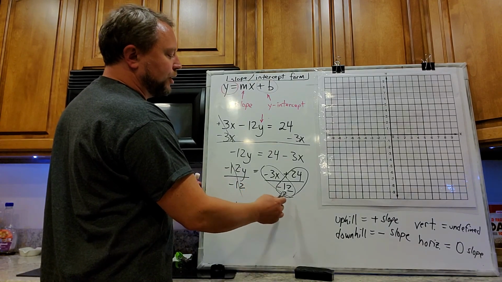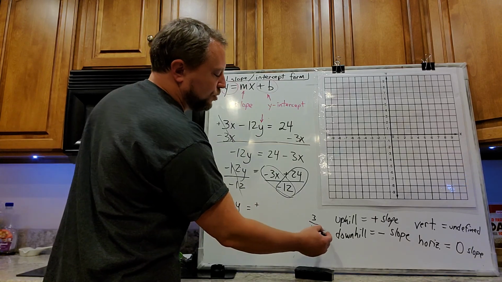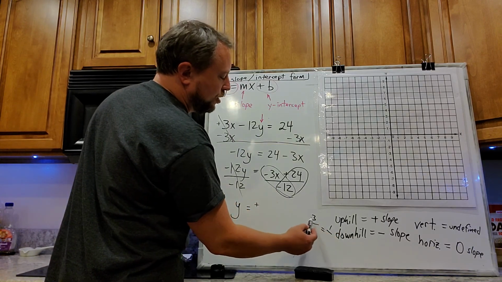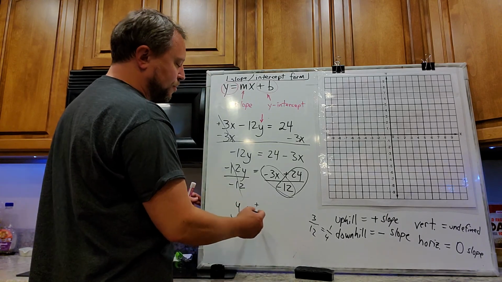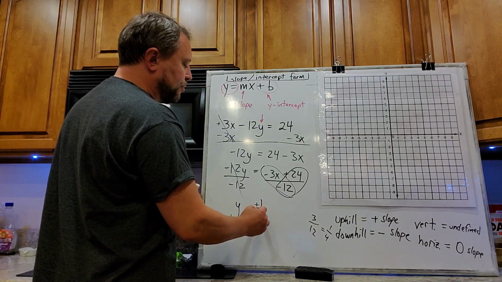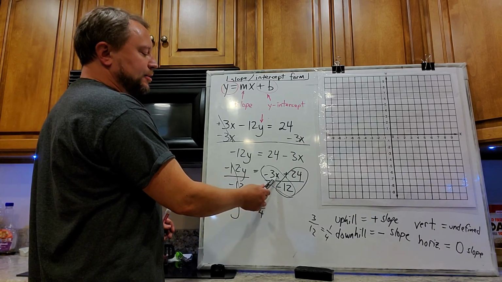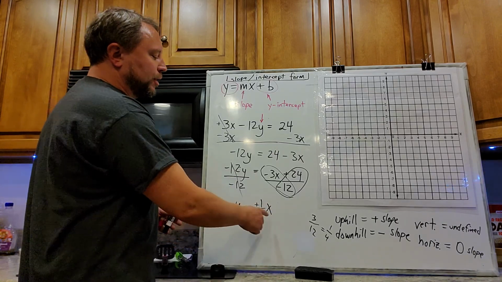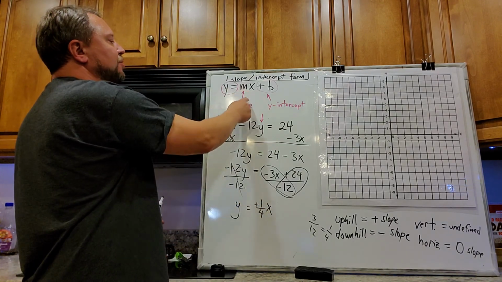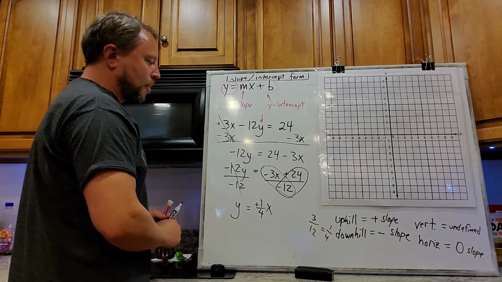Do you see that 3 over 12 would reduce to 1 over 4? 3 goes into 12 4 times. So this is just going to be a positive 1/4. And don't forget the x. The x is still there. In fact, whatever's in front of that x is going to be our slope. See? So that comes into play here.